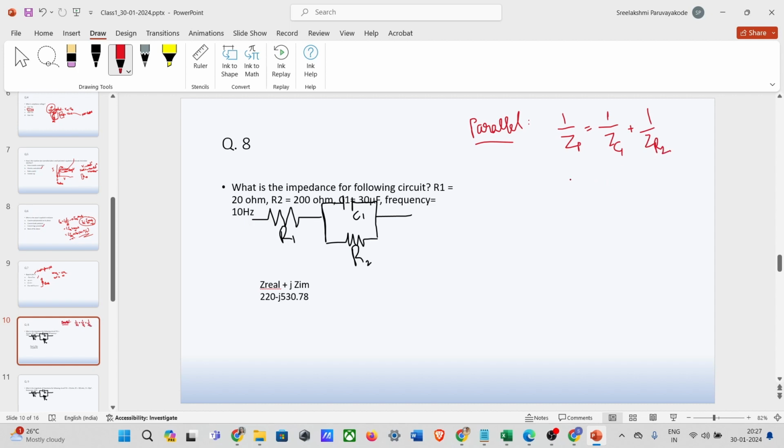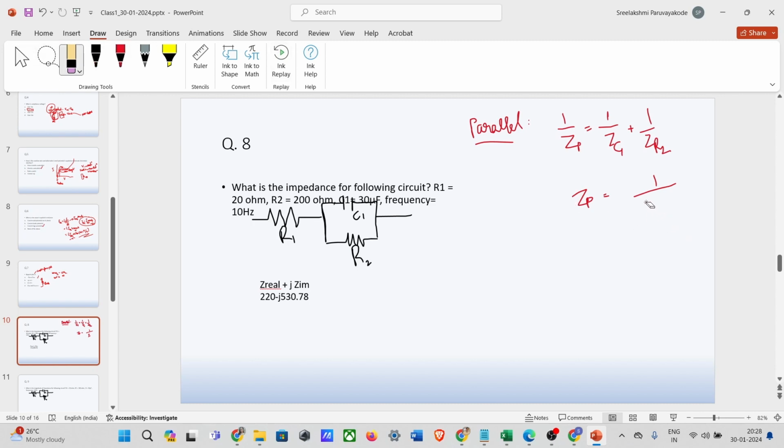If I am taking the inverse, ZP is nothing but 1 by, the same thing again, 1 by ZC1 plus 1 by R2.